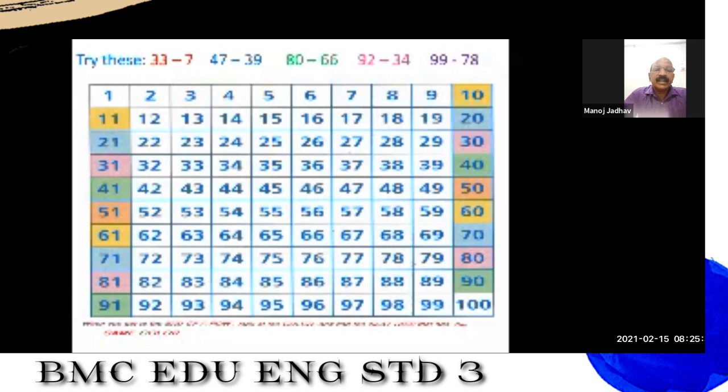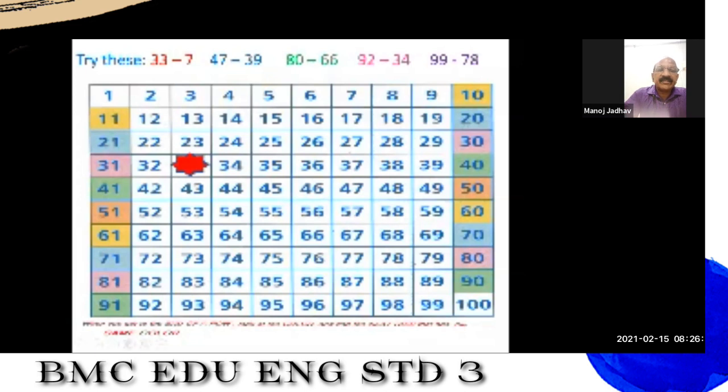Some examples are given here. Now you all have to try 33 minus 7. So find out where 33 is in this number grid. 33. Okay, see the red star is shining here on 33. Now how many steps are we going to go back? 7 steps. First step is 32. Second is 31. Third is 30.